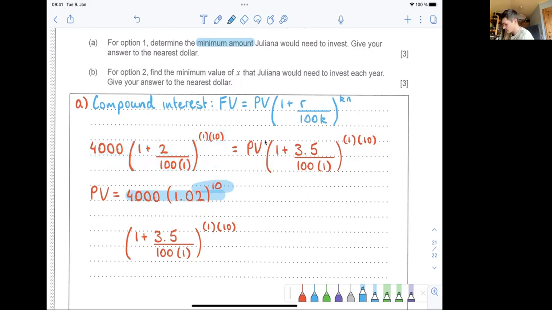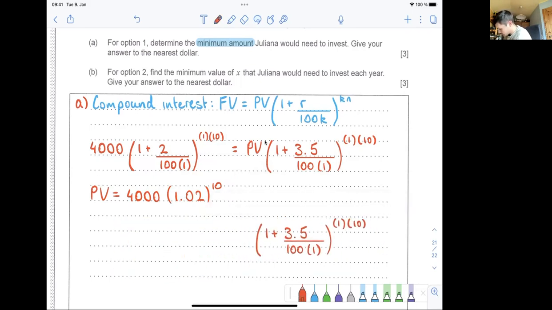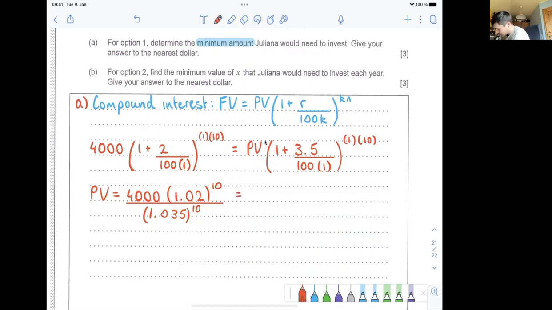And now this is going to be divided by essentially what I've just brought down here. But if I want to make that slightly cleaner, what we can do is call it 1.035. Now let me bring that down. I've got no room for my power, to the power of 10. Okay, cool. And so there we have our present value calculation.